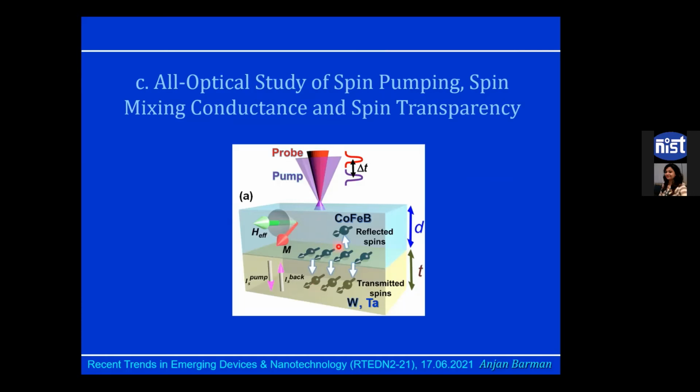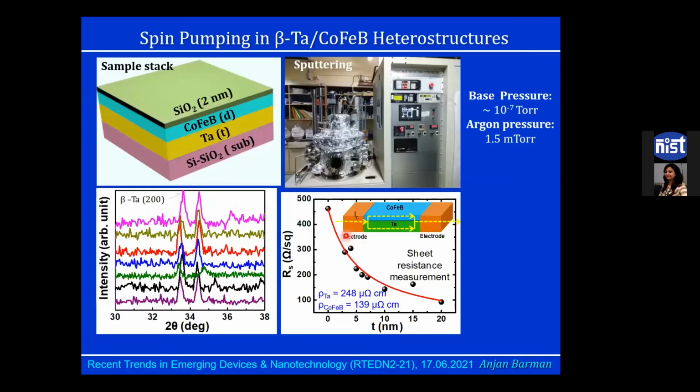Okay, and from here there will be a modulation of damping, and from the modulation of damping we can measure the spin pumping effect. So we did this experiment. Here we started with tantalum first, and again the tantalum thickness and cobalt iron boron thickness were varied.